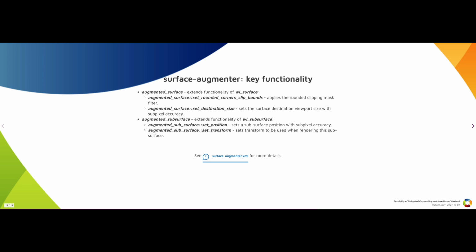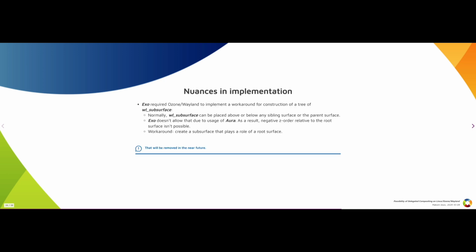If you are interested, you can see the surface augmenter protocol definition in the third-party Wayland protocols. Of course, the current implementation has some workarounds that are to be removed, as non-Chrome OS-based Wayland compositors do not have this problem. But I still would like to mention that for the sake of clarity, in case somebody experiments and finds the subsurface hierarchy odd.